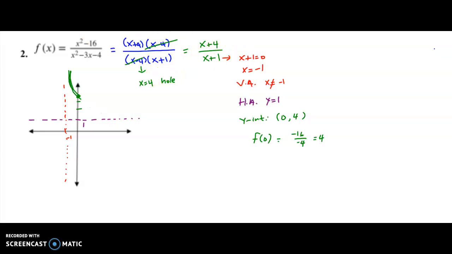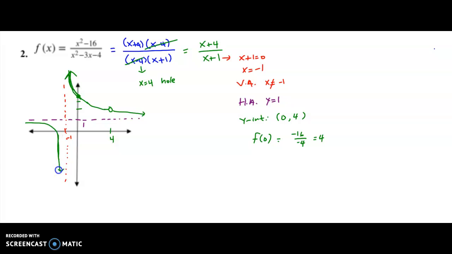So we also know there's a hole at x equals 4. So let's say this is 4. I'm going to draw this line. I'm not sure exactly where or how much, but when I get to the 4, I'm going to draw an open circle, and then it'll continue along this horizontal asymptote. If there's a curve over here, there's got to be a curve over here.